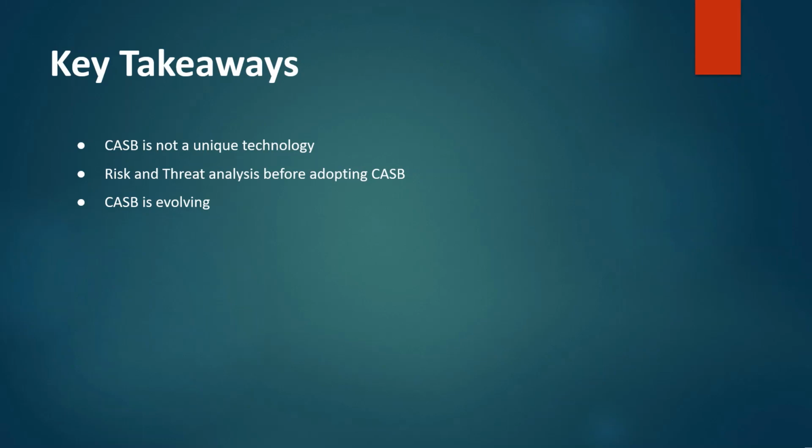Technologies come and go. The infrastructure and cloud security strategies would be the driving force in technology, not the other way around. And thirdly, CASB itself is evolving. It has existed for a long time and will be undergoing some development.